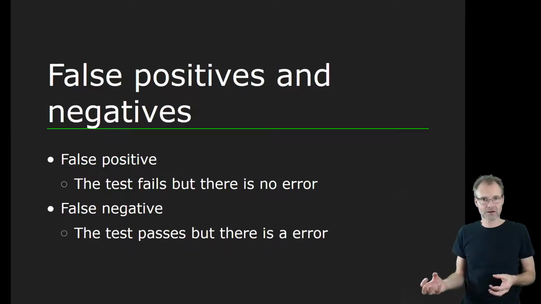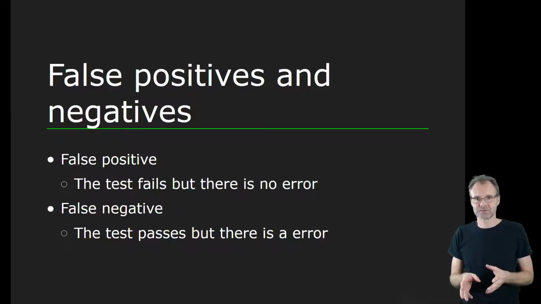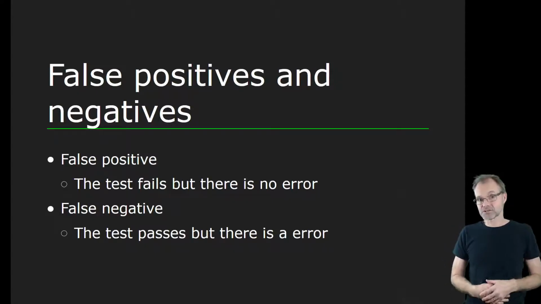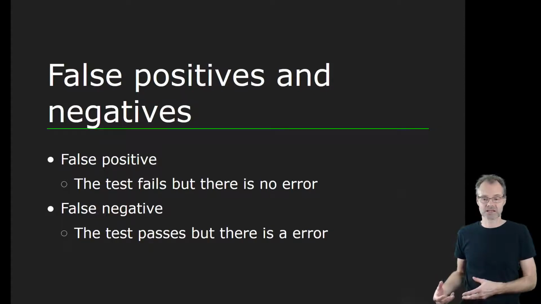But when I look at the code, well, no, it is not an error. It was the faulty test that failed. That would be a false positive. A false negative, that would be that the test passes, but there was an error. So the test failed to show off that there actually was a problem in my software.